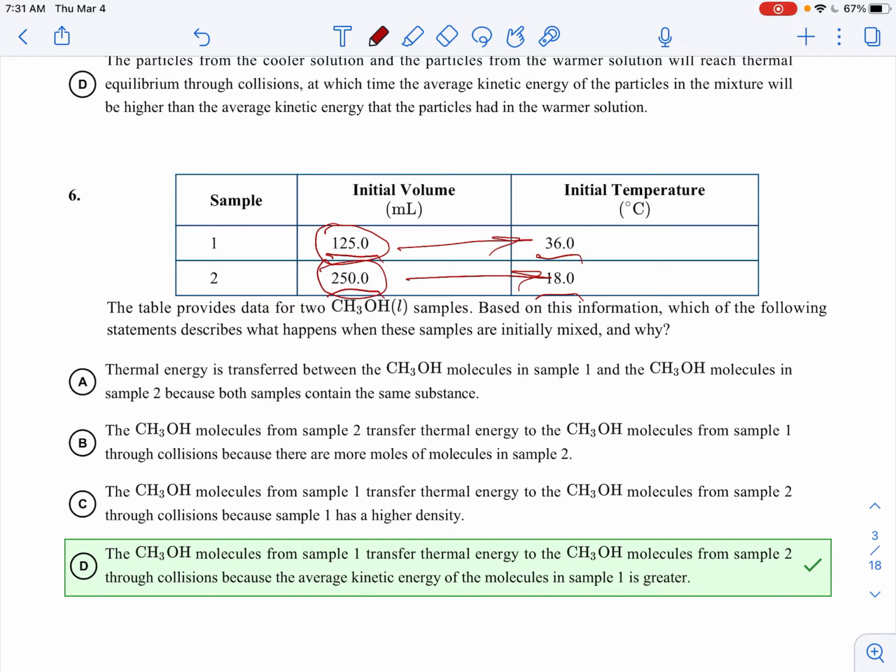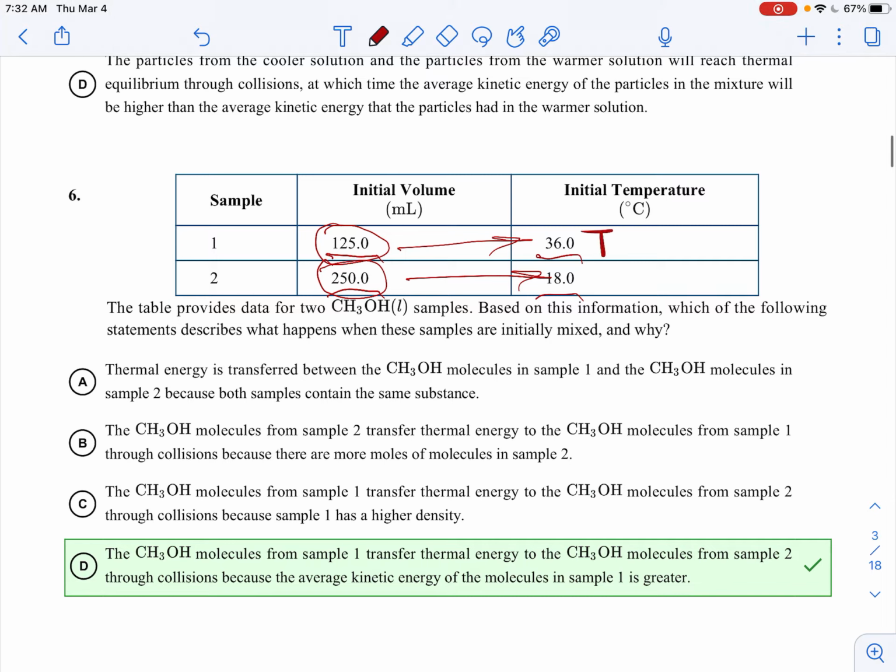So what we can know is that, remember that temperature flows from warm to cold, same with thermal energy. So the answer is going to be D. It says the methanol molecules from sample 1 transfer thermal energy to the methanol molecules from sample 2 through collisions because the average kinetic energy of the molecules in sample 1 is greater.